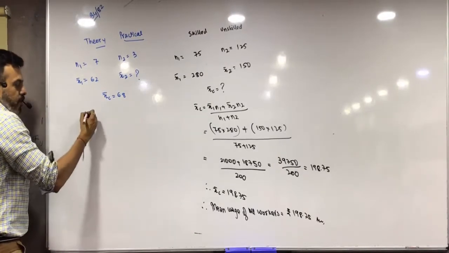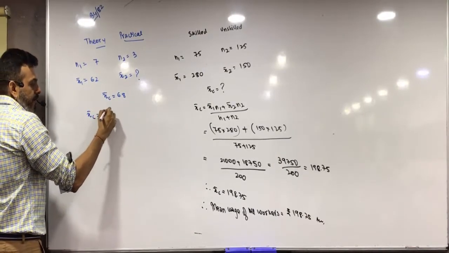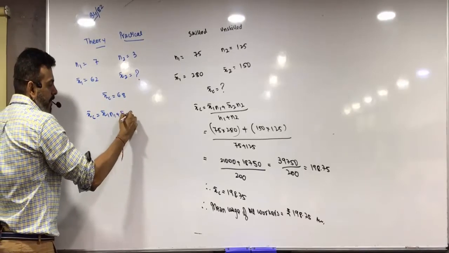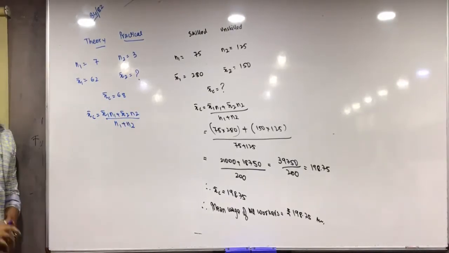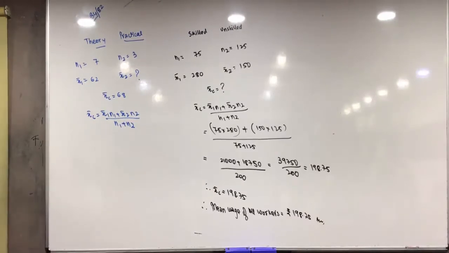Now apply the formula. X bar C is equal to X bar 1 N1 plus X bar 2 N2 upon N1 plus N2. Always write the formula first.